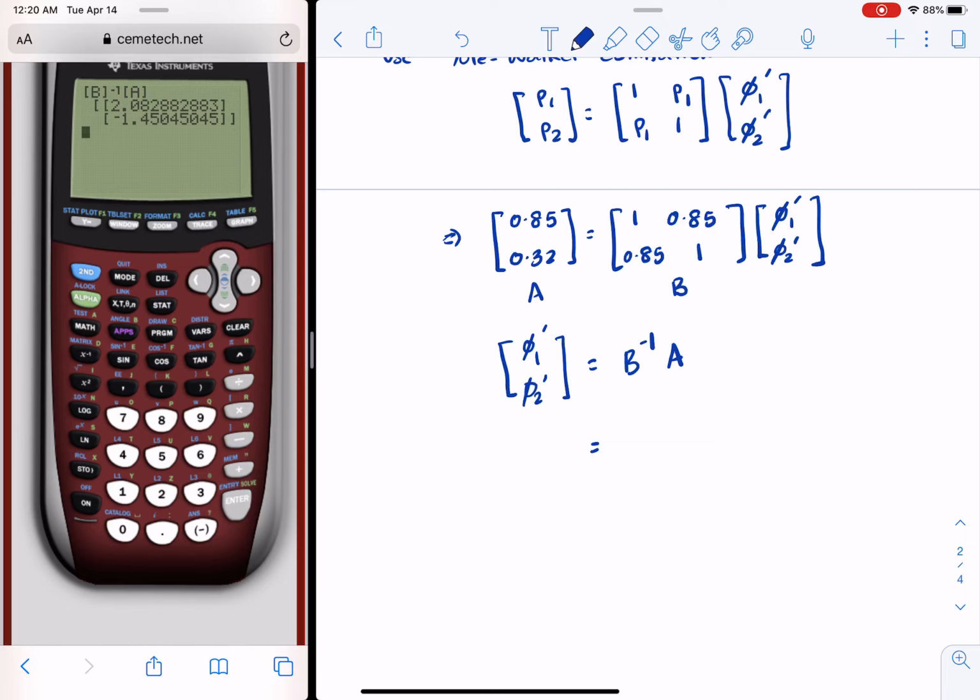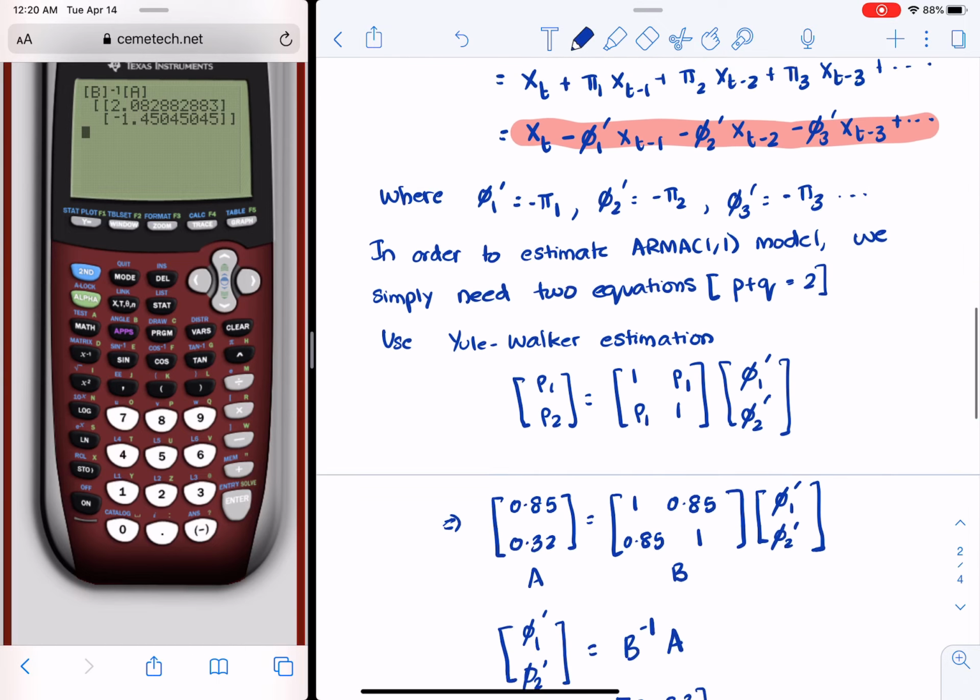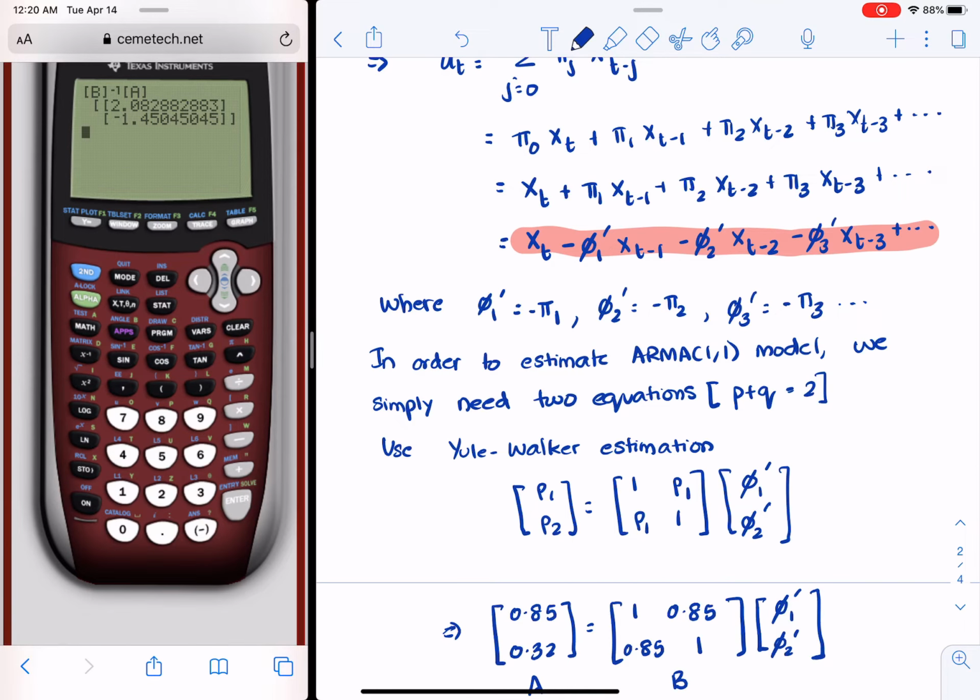And I end up getting 2.083 and negative 1.45. Mind you, these are not the theta 1 and phi 1 in the ARMA 1-1 model. These are just the coefficients for the model that we rewrote.